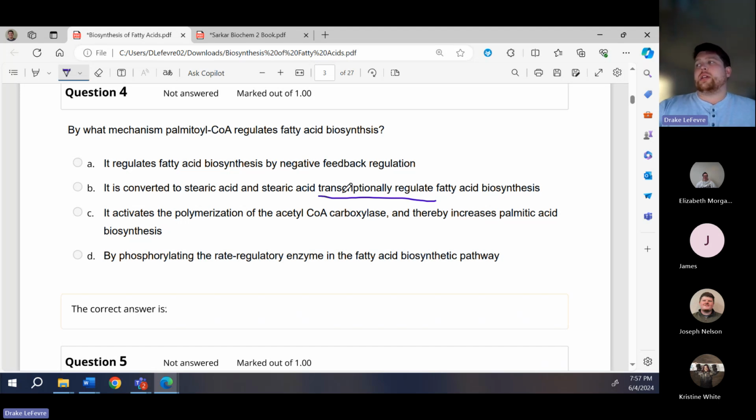That's what we talk about as transcriptional regulation. If it goes in and blocks certain receptors, it prevents that from happening. Just make sure you have that in your toolbox of knowledge.